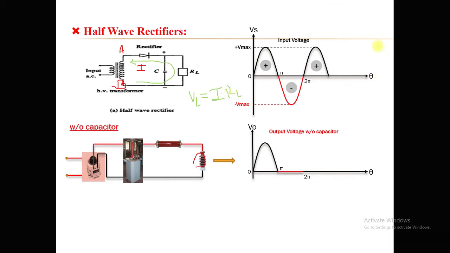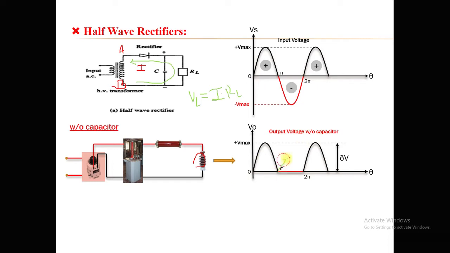Further, from 2 pi onwards, you can see the wave attains a positive value, so I am getting the Vmax. Okay, so this will be the waveform that you are achieving. So here now I have the two limits. One is the Vmax limit, and second is Vmin. That Vmin is 0 value.